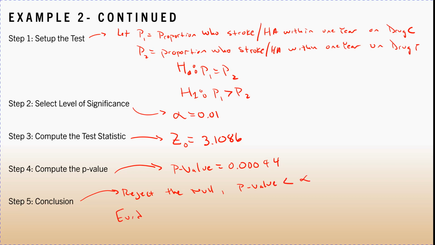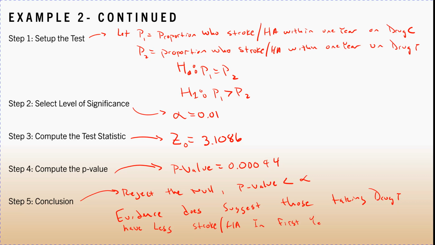And evidence does suggest those taking drug T have, in terms of a proportion, less stroke or heart attack in first year than those on drug C. They're less likely. Let me change that up just so I get that correct.